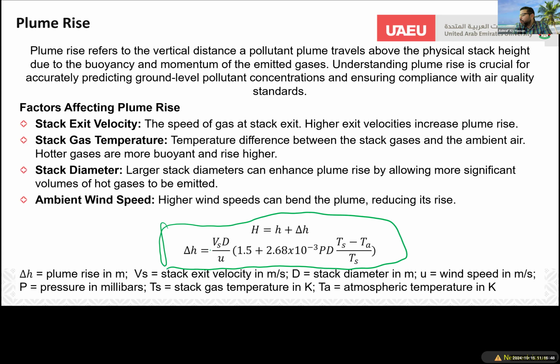Delta H is equal to Vs, where Vs is the stack exit velocity, times D, the diameter, over U, which is the wind speed, times 1.5 plus 2.68 times 10 to the power negative 3, times P, which is the pressure in millibars, and please make sure you can follow the units, times D, which again is the stack diameter, times Ts minus Ta over Ts, where Ts is the stack gas temperature and Ta is the atmospheric temperature. All temperatures are in Kelvin.